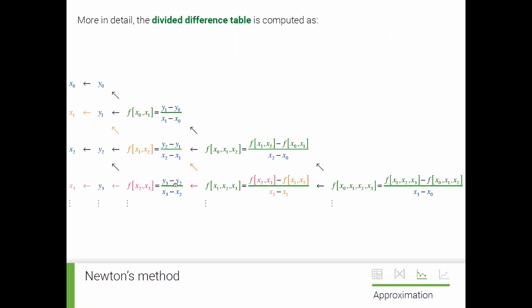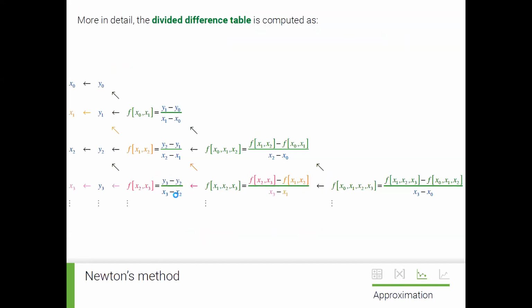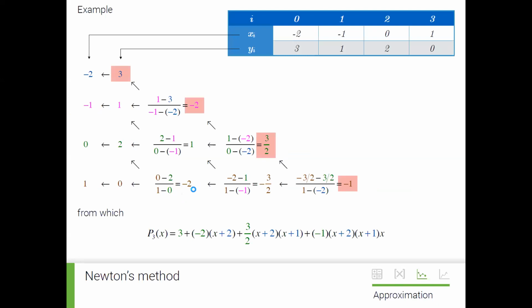So you have all coefficients here, and you can find this from this equation. This x2, x3 equals -2, and when we replace it, we get -3/2, and this -3/2 we put here.